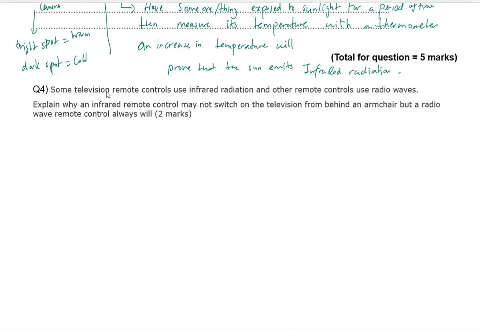So some television use infrared radiation. Others use radio wave. Okay, so we have two, infrared or radio wave. Question here is, why infrared remote control may not switch the TV from behind an armchair, but radio wave works? Now, if you draw a diagram, let's say we have a chair. Let's say the TV is there.